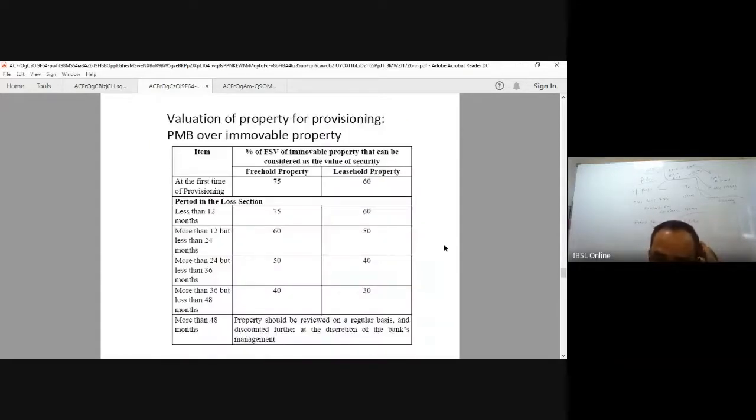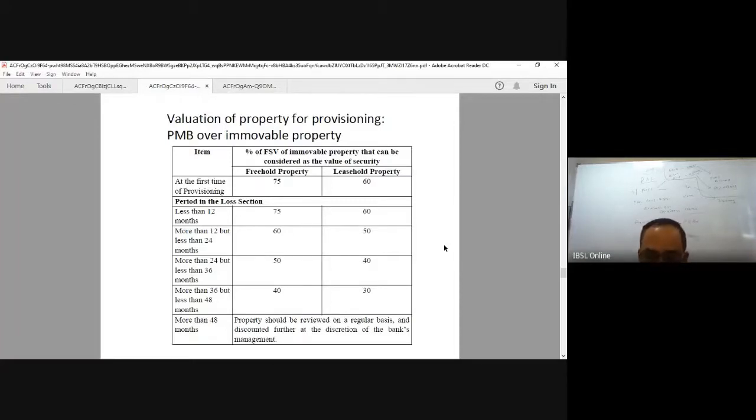You looked at the haircut rule by the central bank, based on the point at which you have the particular facility in the non-performing advance, and how you apply the haircut rule to your assets, such as immovable property, whether freehold or leasehold.